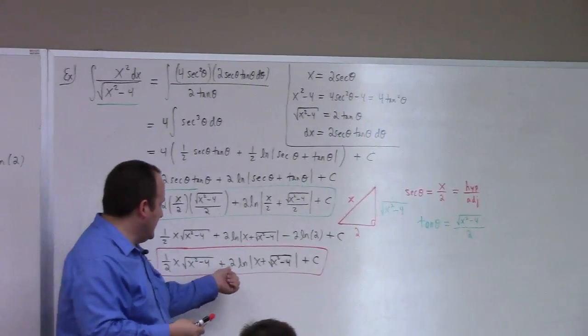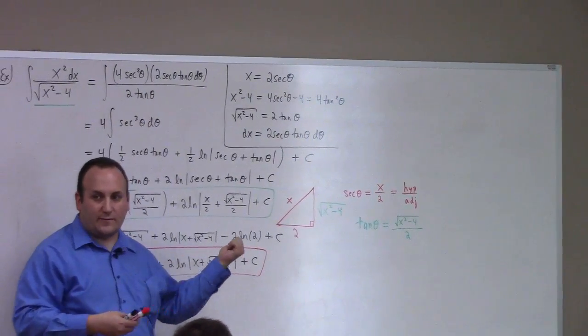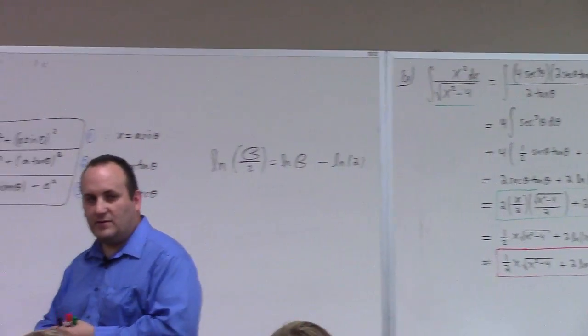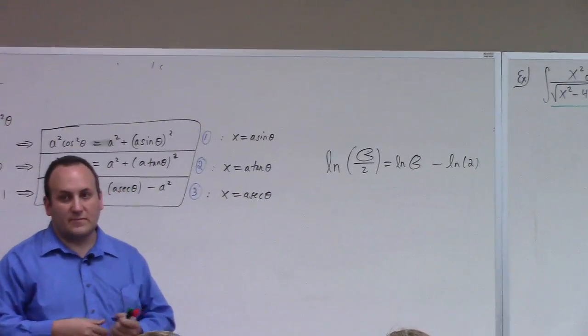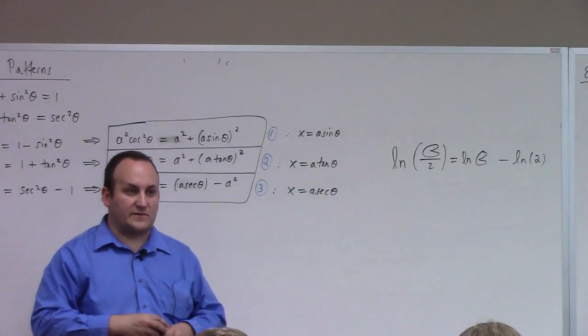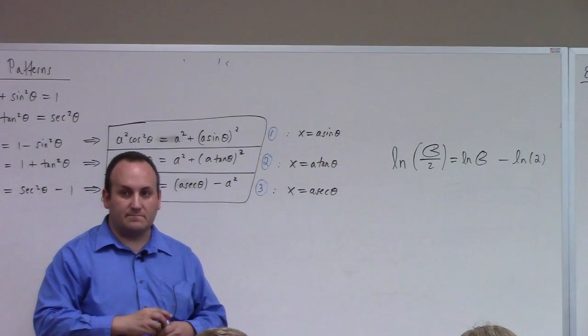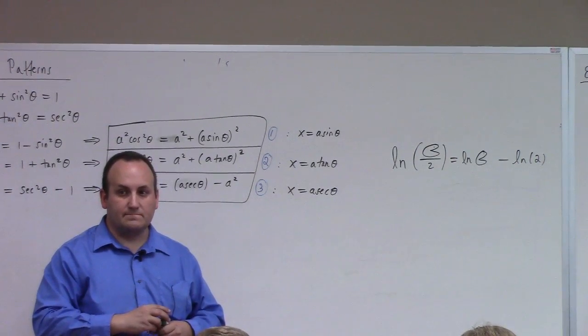Now, if you felt strongly about the 2 going inside and making that a square, I wouldn't quibble. I'd be cool with that. But the point is some appreciation of the fact that you can simplify the division by 2. That's the main feature there that distinguishes those 2 answers. Confidence and understanding of rules of logarithms versus not being aware of them.